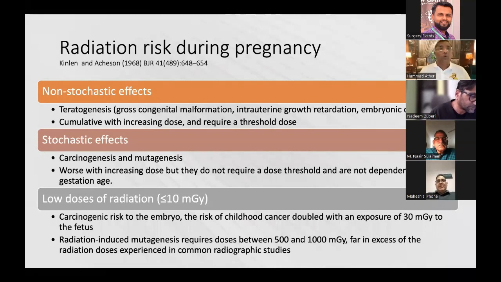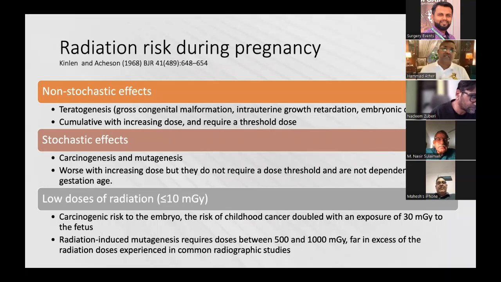And we know that there are non-stochastic and stochastic effects of radiation, something that is always there in the back of our mind. The non-stochastic effects include teratogenesis, the stochastic effects are more with carcinogenesis and mutagenesis.